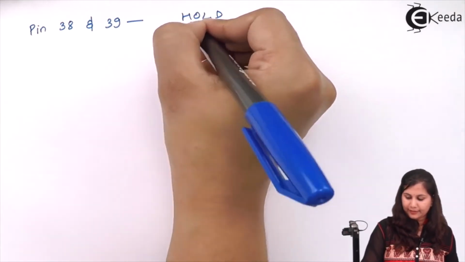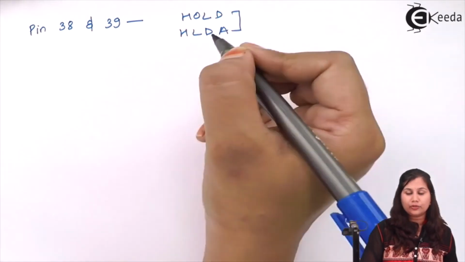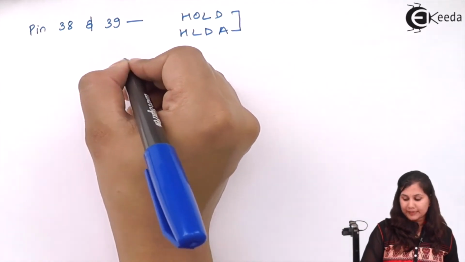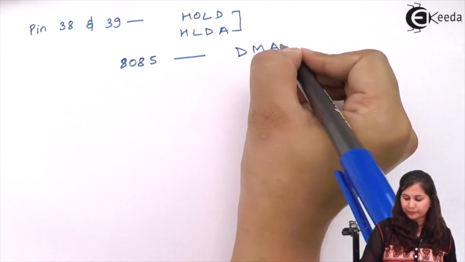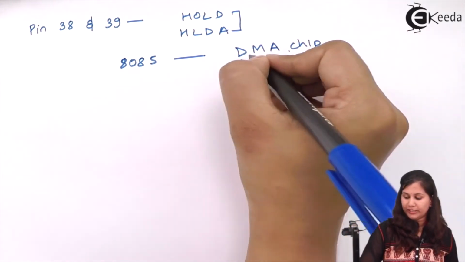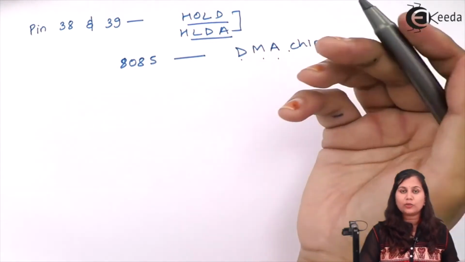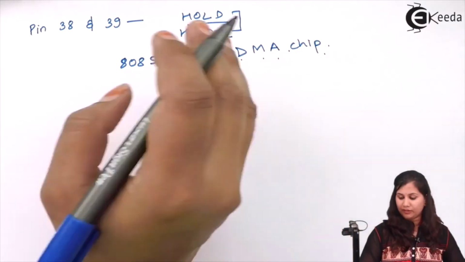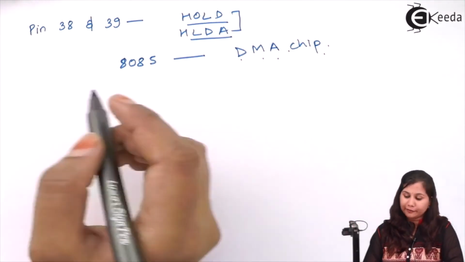Hold and HLDA are used when the microprocessor 8085 is connected to DMA, direct memory access. When it is connected to a DMA chip, then these two signals are used. We are going to study this in detail when we study the DMA operation in 8085.